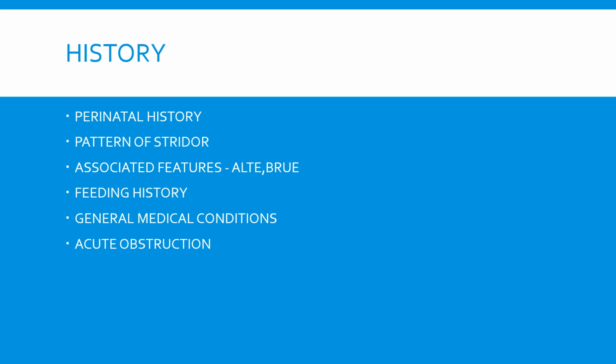General medical conditions like neurological disease, cardiothoracic surgery, or a congenital cardiac disease with a vascular compression can lead to vocal cord palsy. One should also note this. If there is an acute obstruction, then there are two possible causes: acute infection and foreign body inhalation.